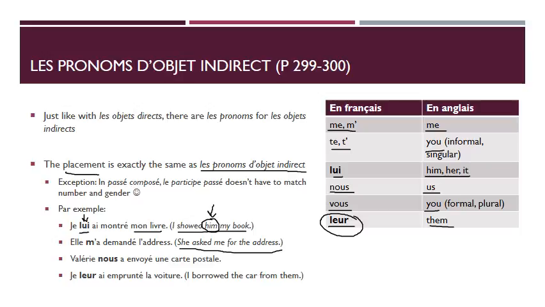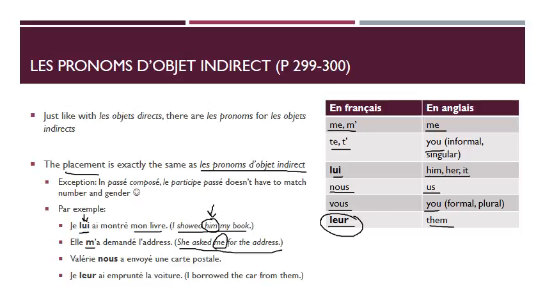Okay, so Belle asked me for the address. Or, I'm sorry, whoever asked, yeah, you can't really replace me, can you? Because it's going to always be a pronoun. So in French, just like we mentioned, they're going to pop it in the same place that the pronouns normally go.